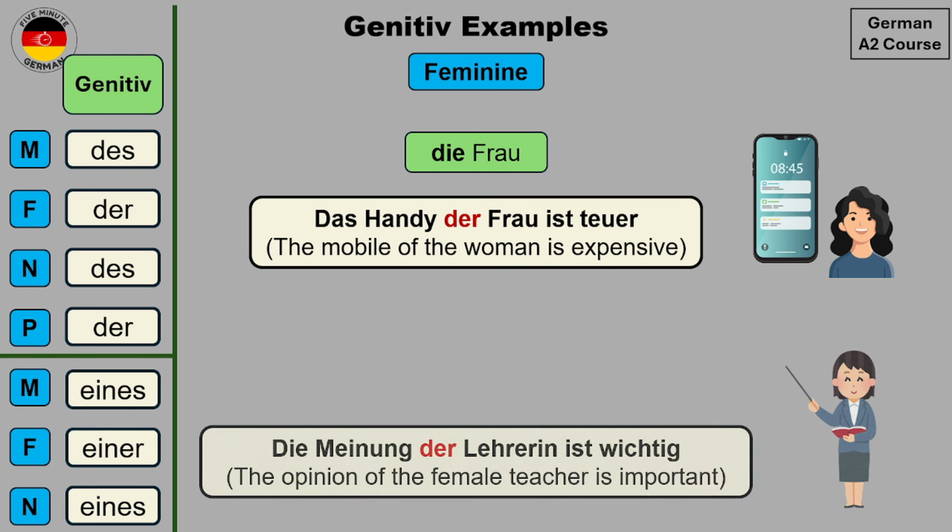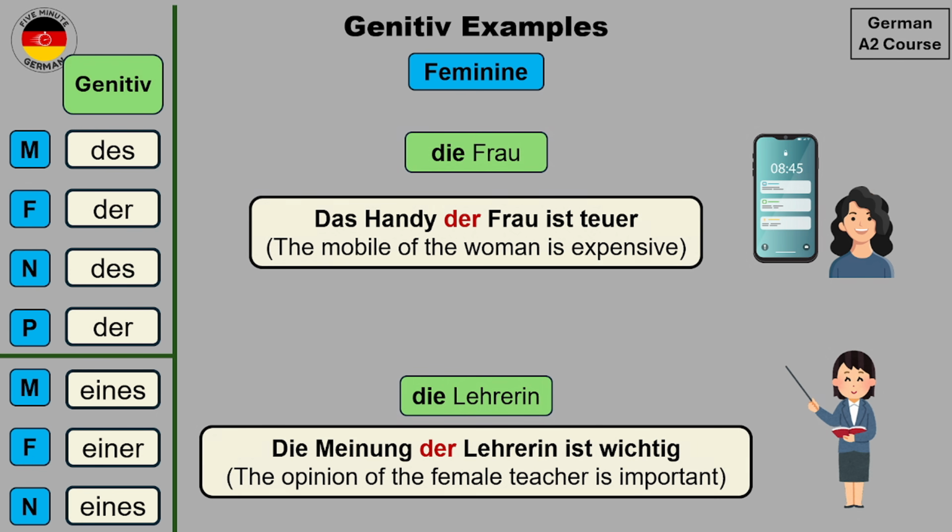Now another example can be, Die Meinung der Lehrerin ist wichtig. The opinion of the female teacher is important. And we know that Lehrerin is die Lehrerin in German, so it is a feminine noun. That's why we have used der over here. And you see from this example that we can also show possession or belonging of non-physical objects such as Meinung, which is opinion, using genitive as well.